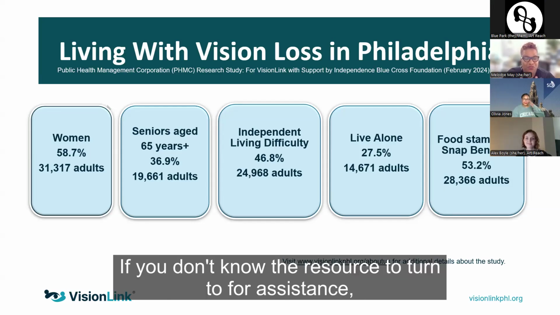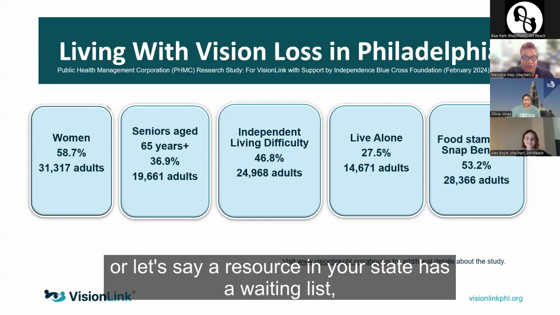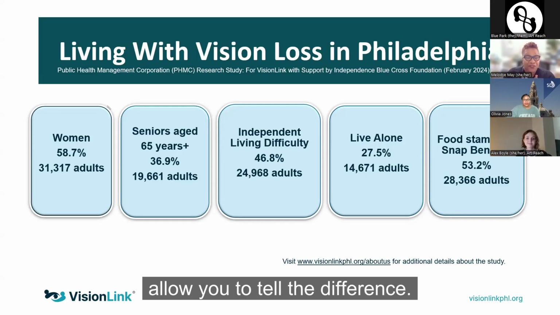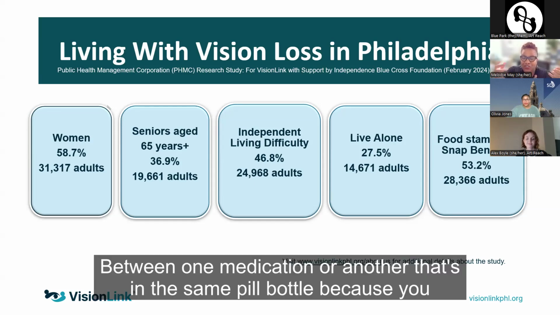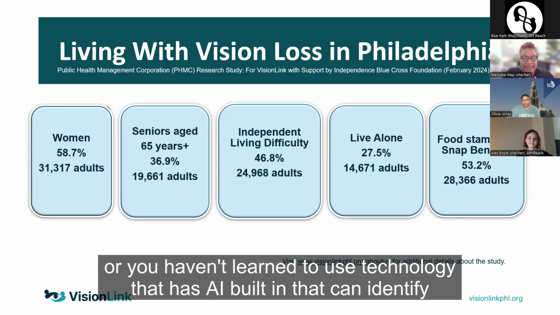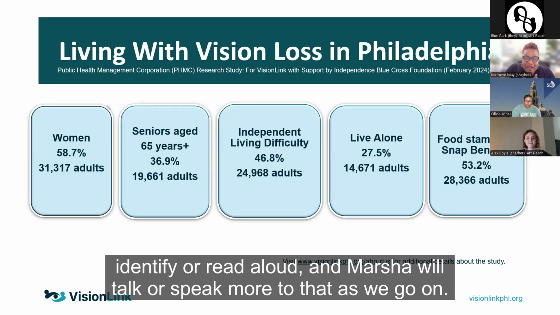And if you don't know the resource to turn to for assistance, or a resource in your state has a waiting list, then you may be without the proper training that will allow you to tell the difference between one medication or another in the same pill bottle, because you haven't learned labeling and organizational skills, or you haven't learned to use technology that has AI built in that can identify or read aloud. And Marcia will speak more to that as we go on.